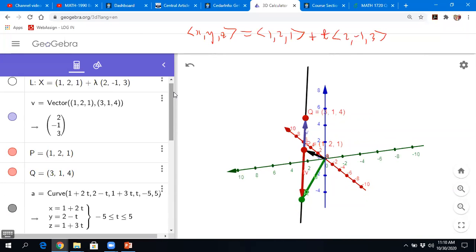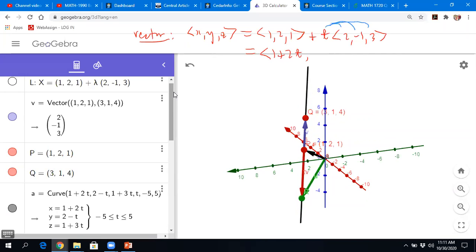Again, this is the vector equation of the line. Then what I can do is I can distribute the T as we talked about. Okay, and I can see that this is really just 1 plus 2T, yes? Okay, in the X coordinate.